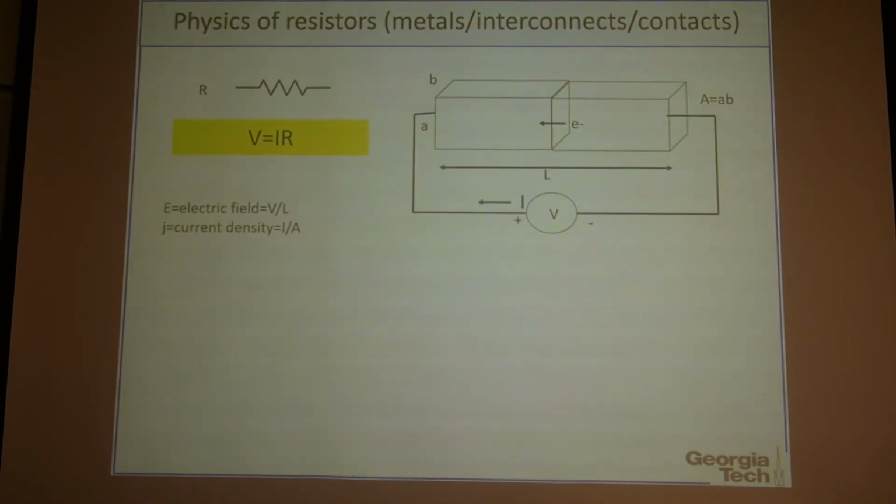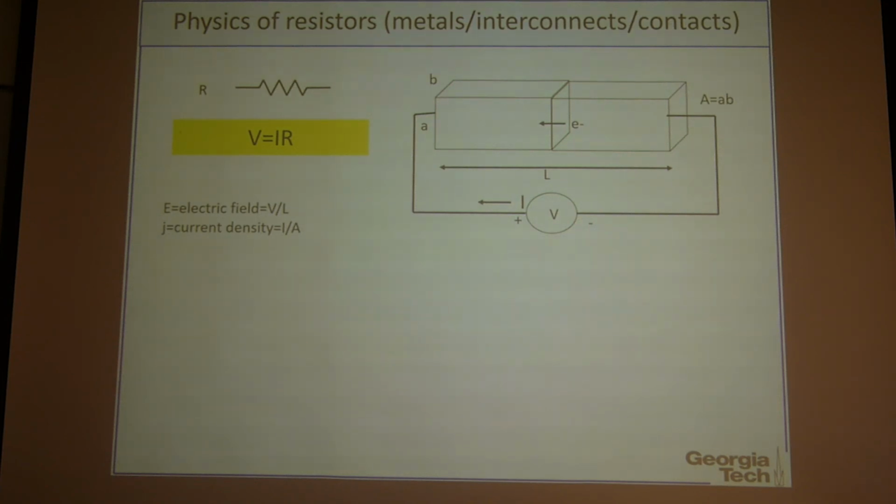And today we are going to focus on the resistor, or the metal wire, for the interconnect. So we need to have a deeper understanding of the resistor. I know everybody knows resistor, and everybody knows that equation. So what is that equation called? Ohm's law, right?